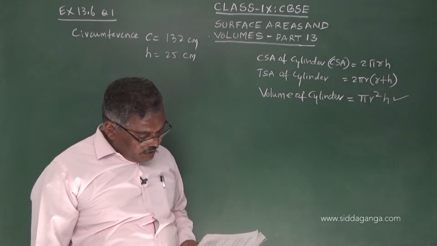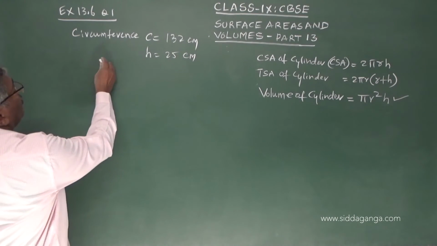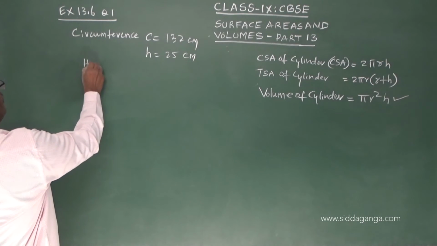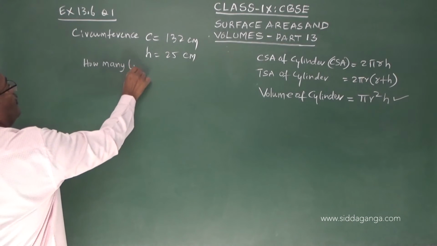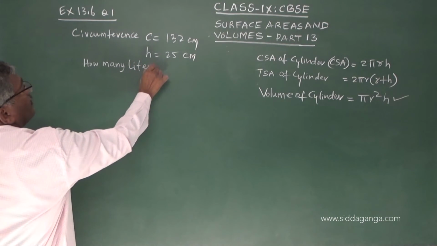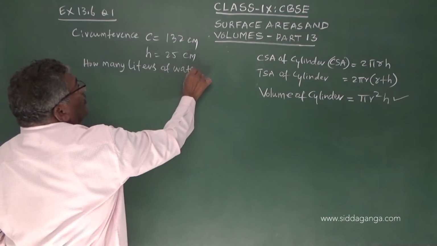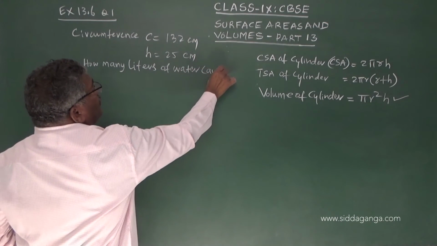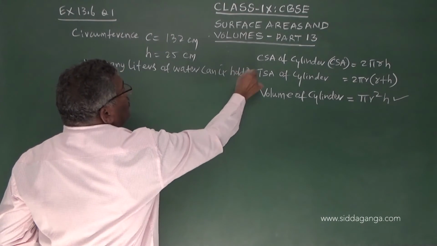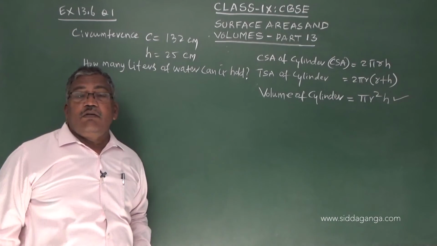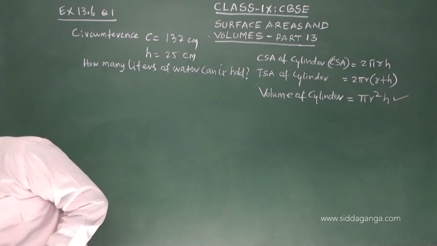How many liters of water can it hold? So that means volume we have to calculate. So you have to calculate the volume and multiply it by 1000. Then you will get the answer.